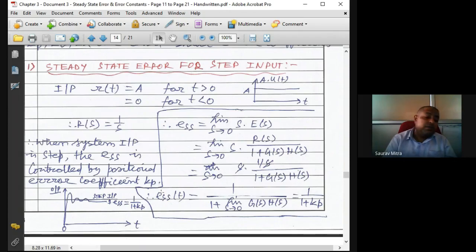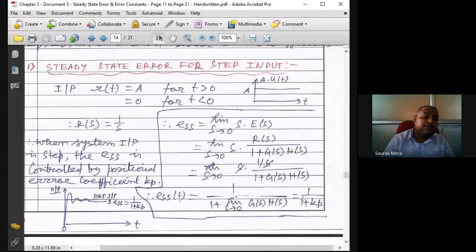If I am asking you to find the steady state error for a step input, separately find limit s tends to 0, G(s)H(s). Whatever you find is called Kp. Substitute that Kp here, and that will be the steady state error with step input.